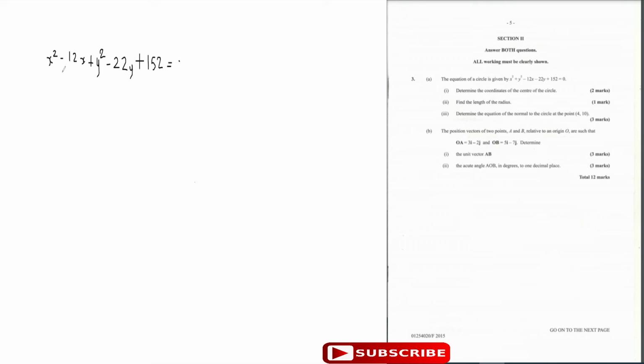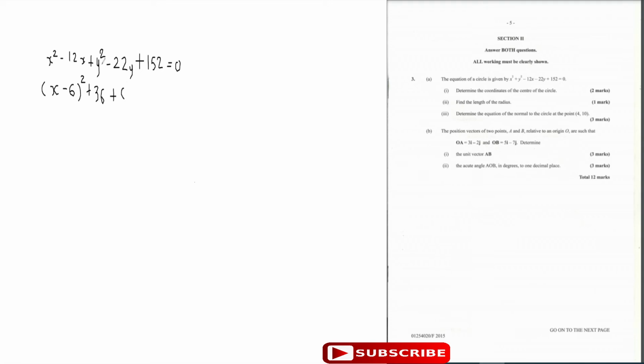Now we can go ahead and factorize this. We have 12x, and when we halve it we get 6, so it's x minus 6 all squared, plus 6 squared, which is plus 36, plus y squared minus 22.